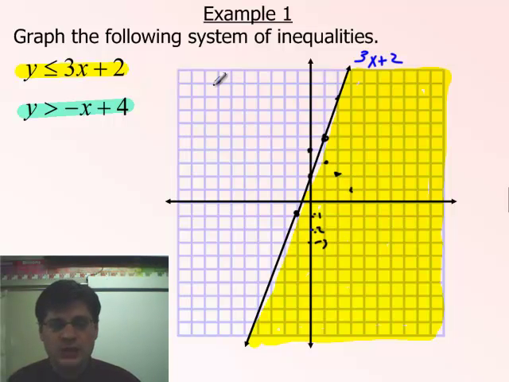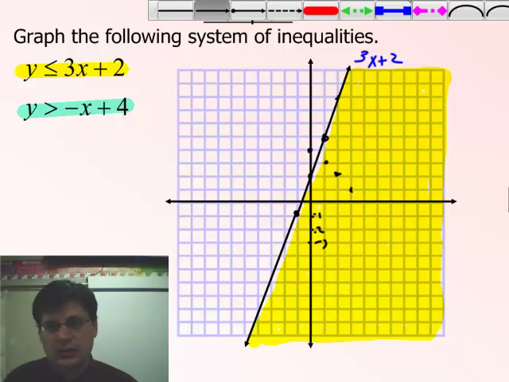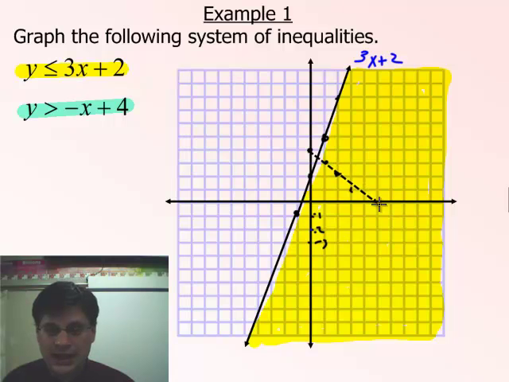Notice that this one lacks the equal to part. It's just a greater than sign. So any point on the line is not a solution. So we must use a dashed line, representing a limit here, but not including the line itself.